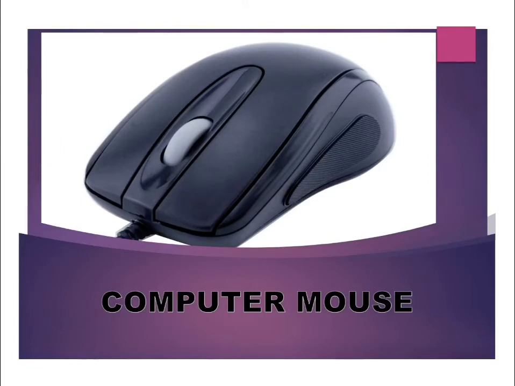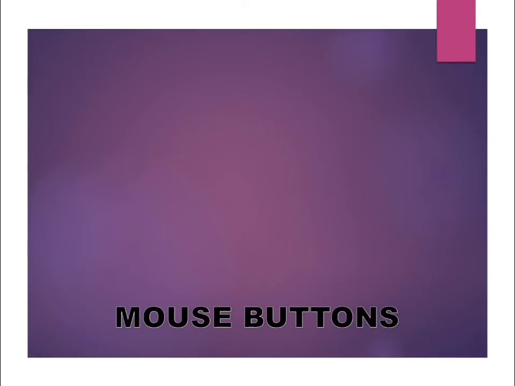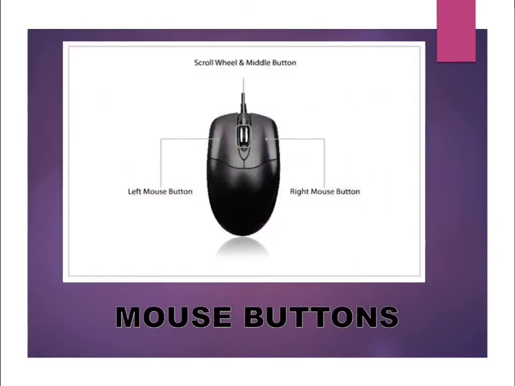Now let us see what the parts of the mouse are. The mouse has buttons on it, and the names of those buttons are left mouse button, right mouse button and scroll wheel.